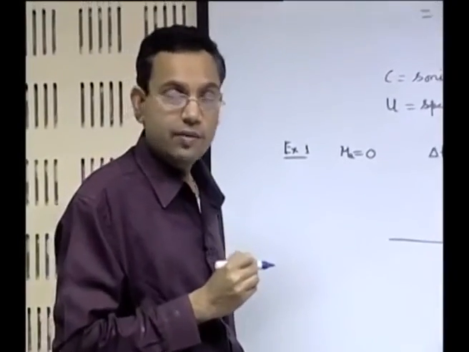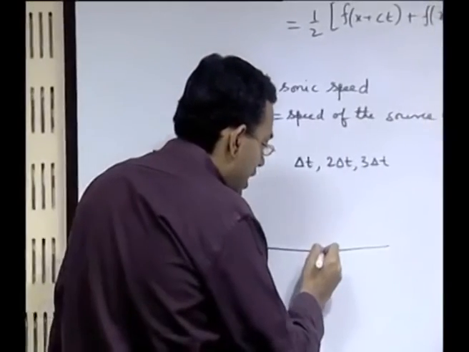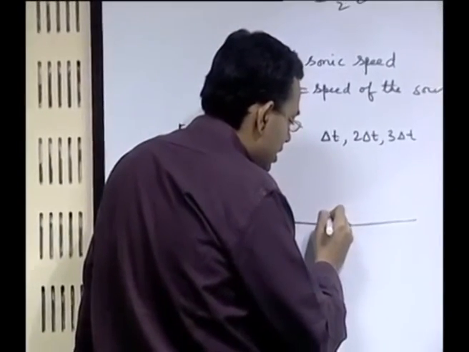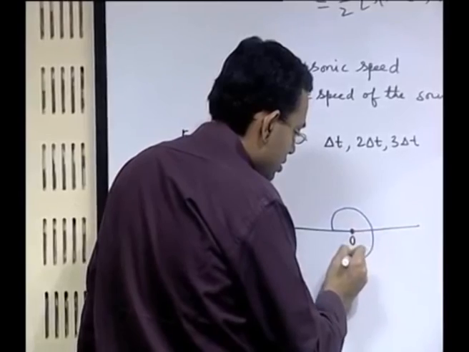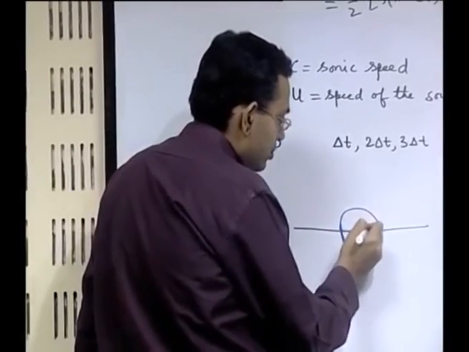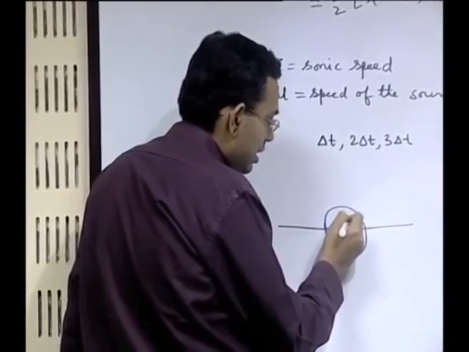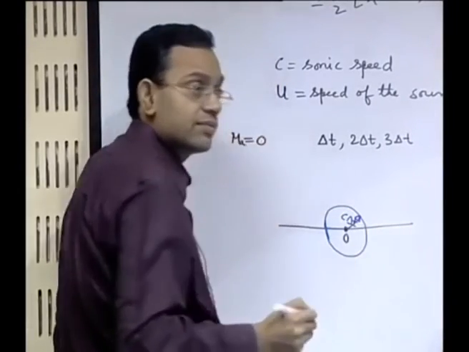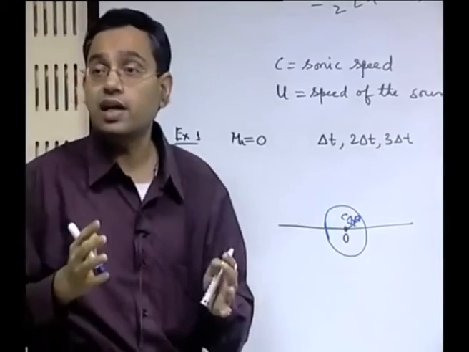C into delta t, and that will essentially cover such a zone which is a circle with this as the center and c delta t as the radius, because the effect is propagated in all directions.